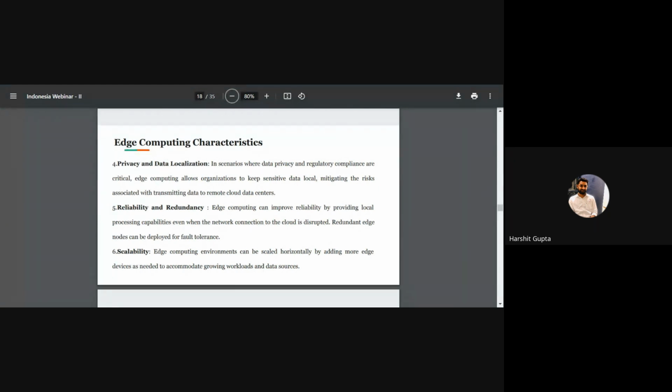Reliability and redundancy. In edge computing, it improves the reliability by providing local processing capabilities even when the network connection to the cloud is disrupted.